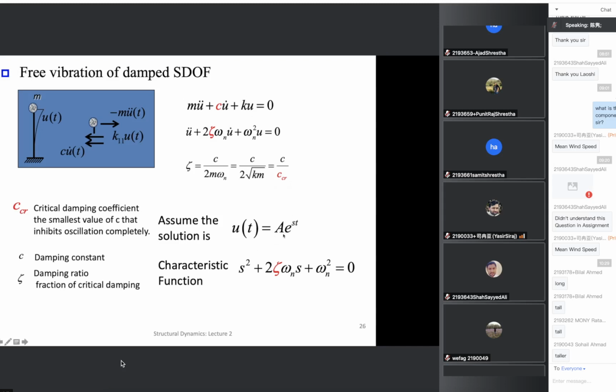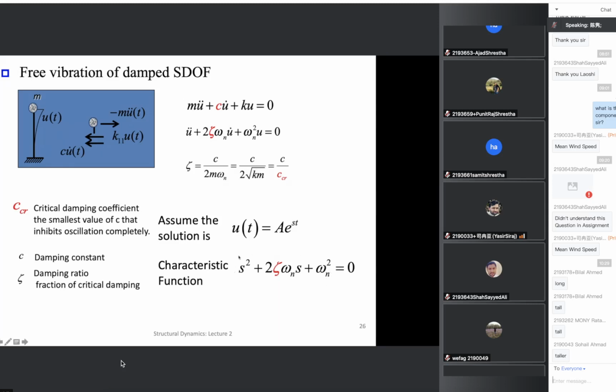After you cancel A e^(st), it's similar to just how we derived the equation of motion for the non-damped system. So you get the characteristic function, or the eigenfunction, like s squared plus this thing here. So this is the characteristic function for the system with damping.